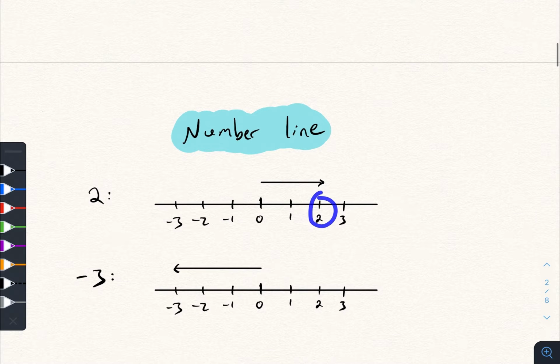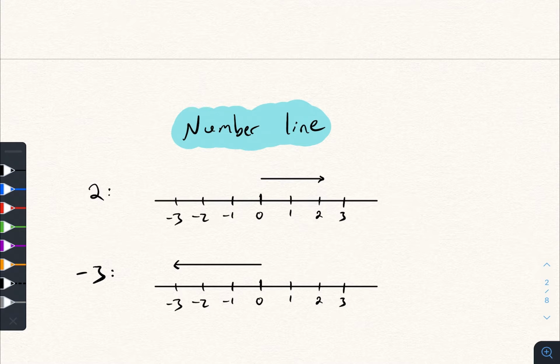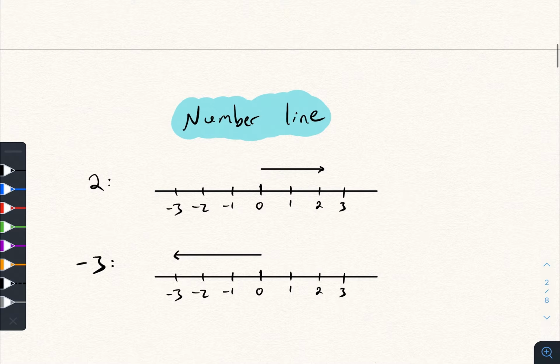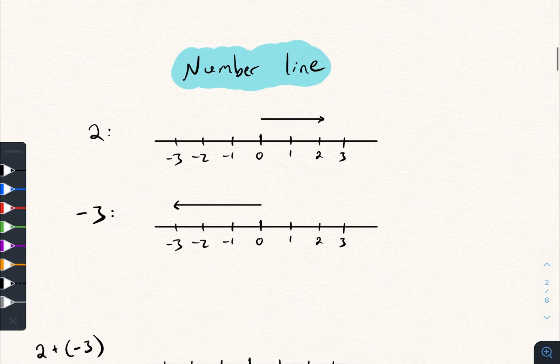The number -3 would be a left-facing arrow starting at 0 and pointing left towards the number -3. It's important to note that the lengths of these arrows correspond to the whole number, ignoring the sign of the number. Right? So the length of this arrow is 2, the length of this arrow is 3.